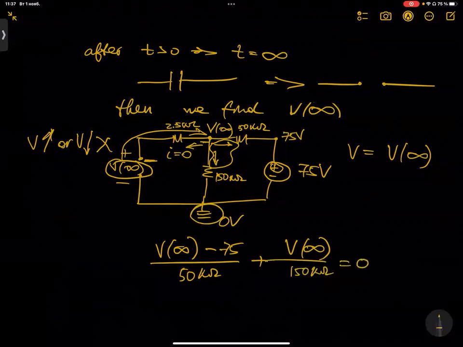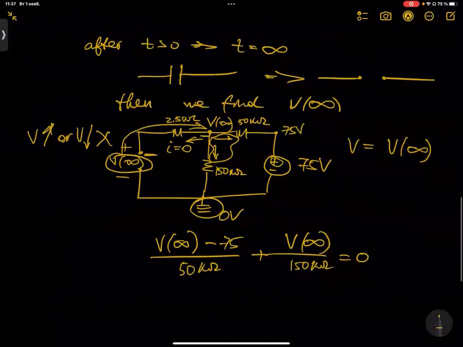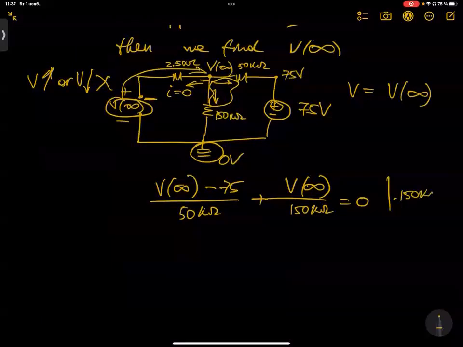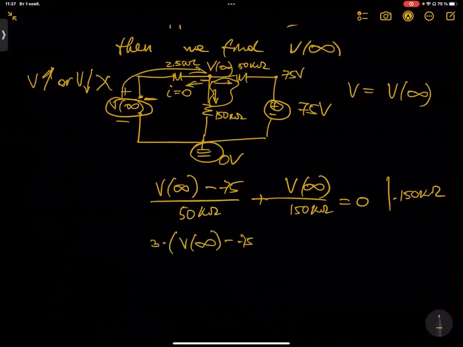Everything equals 0. What can we find after solving this equation? It's going to be 3 here, right? The 75 and this cancel, it's just 3, and this is going to be just 1, so it equals 0.